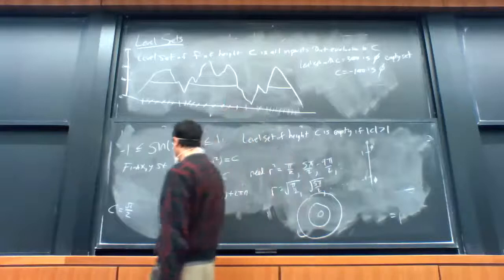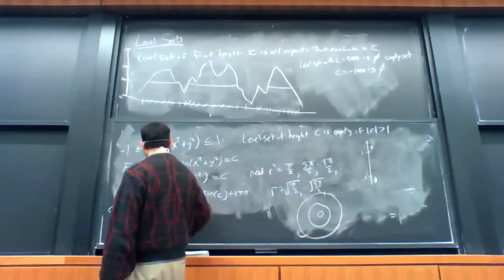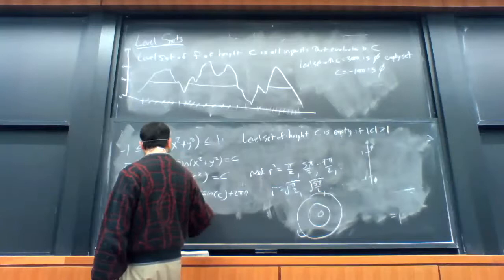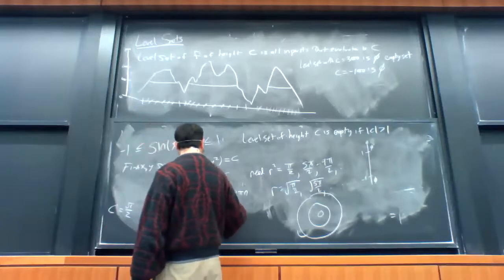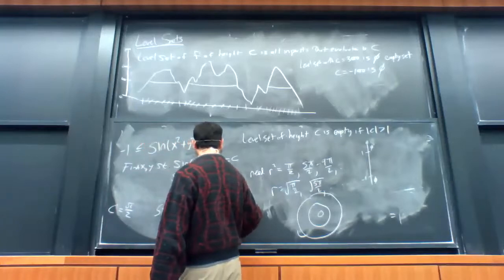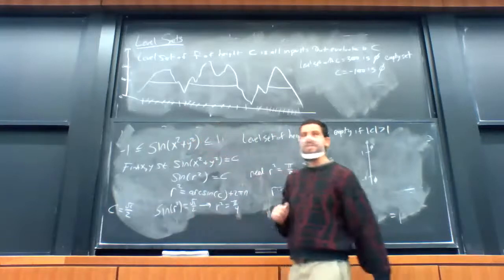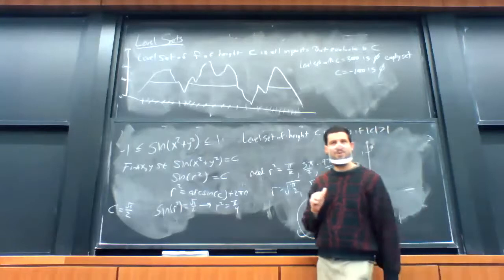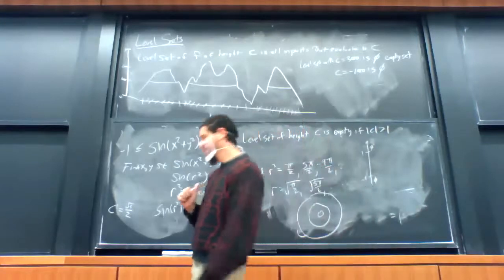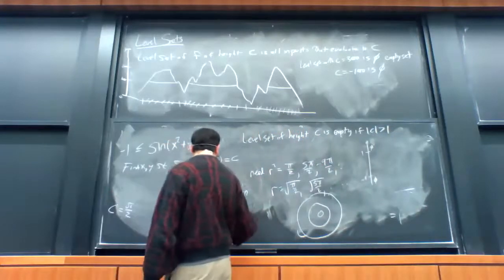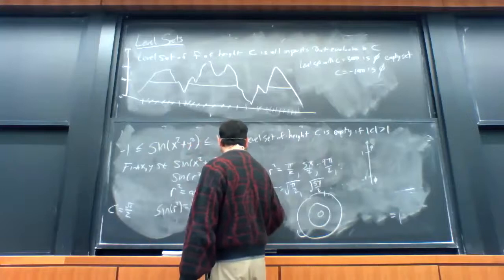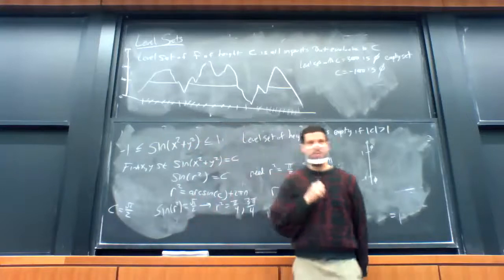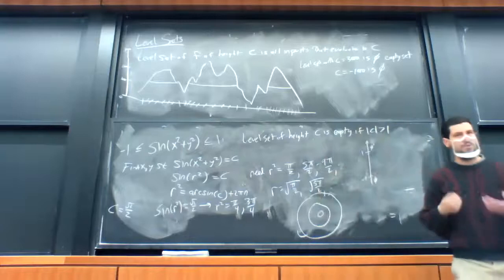Pi over 4. So if we want sine of r squared to be root 2 over 2, that's telling us we want r squared to be pi over 4. But there's another angle that works in addition to pi over 4. What else works? 3 pi over 4. So it could be 3 pi over 4 as well. And then for each one of those, you would get to add any multiple of 2 pi.